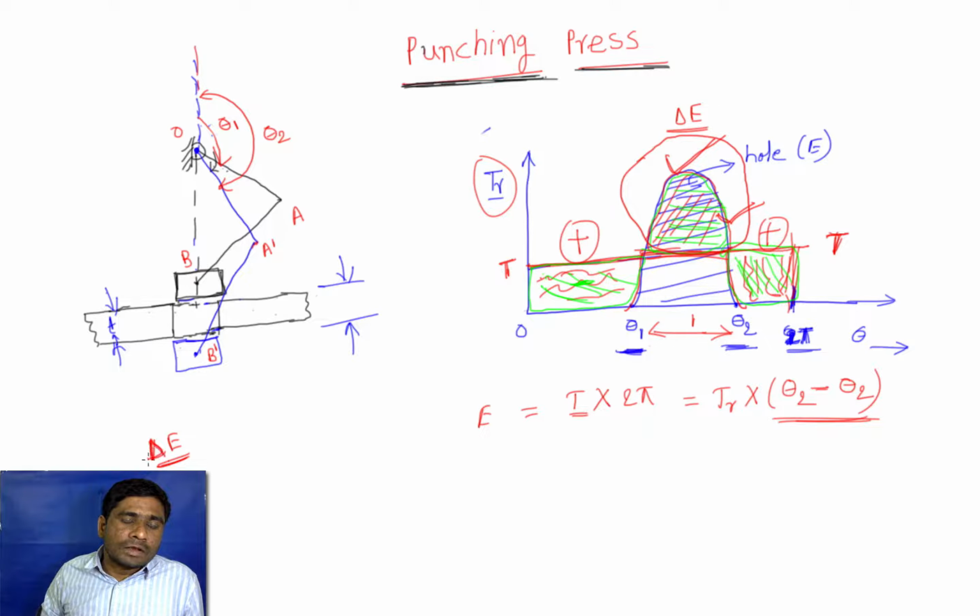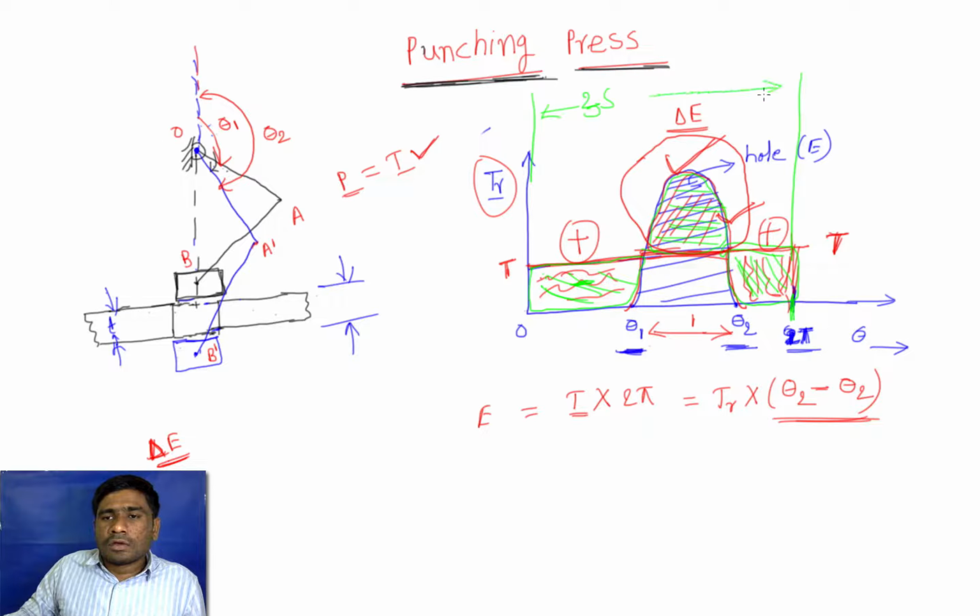For any problem, we need to identify the energy or power supplied by the motor. In this particular case, suppose it is stated that the whole process is completed within, for example, 3 seconds, and we know the energy of this whole area as E. Then can we calculate the power of the motor?